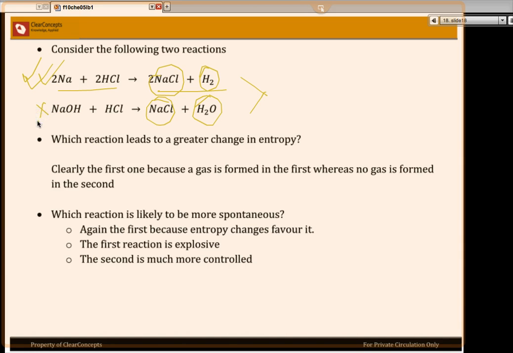That's all I'm saying. Alright, Sanjana, just by looking at this, I can't say that this is going to be massively spontaneous. Is that clear? I'm just comparing these two and saying between them, the first one will be much more spontaneous as compared to the second. That is all I can say. I cannot just look at a reaction and say, is it going to be spontaneous or not? Does that answer your question?